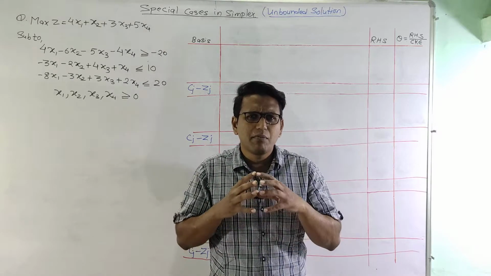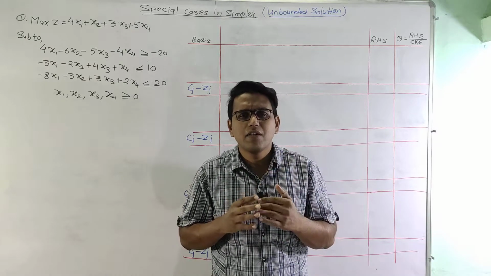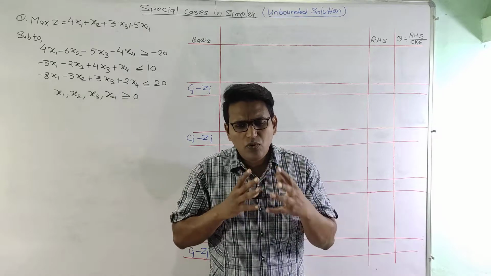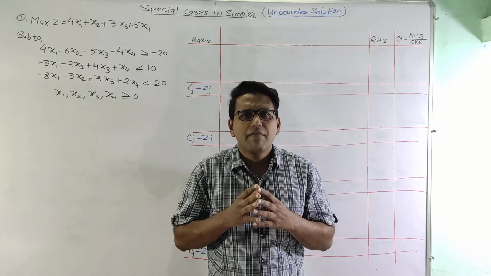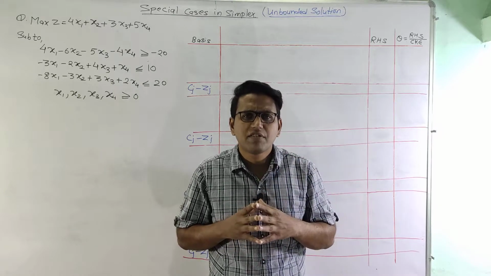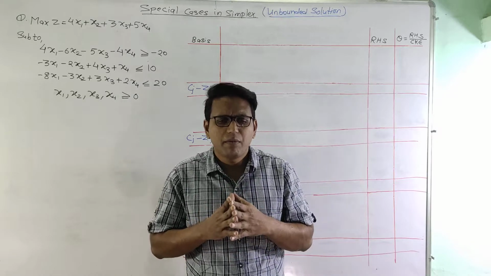And we know that both these values of theta are ineligible to participate for the leaving variable. So it shows that we have an unbounded region in that particular section. Let us understand this with the help of a problem.